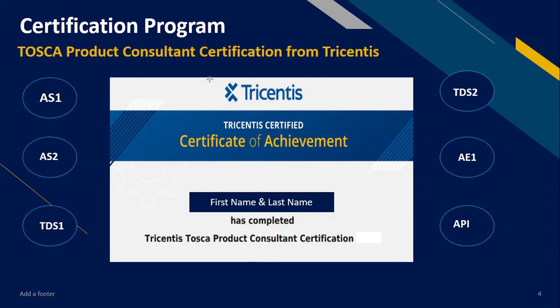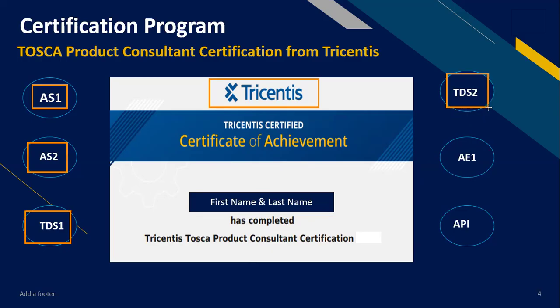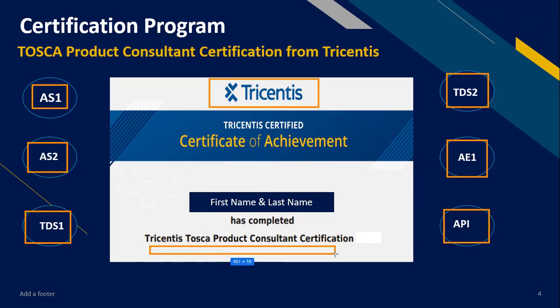To get the final certificate, you have to complete around 6 certificates: AS1 and AS2, TDS1 and TDS2, AE1 and API. If you complete these, finally you'll get one ultimate certificate, the advanced certificate, as if you are a certified product consultant at the Tricentis company.